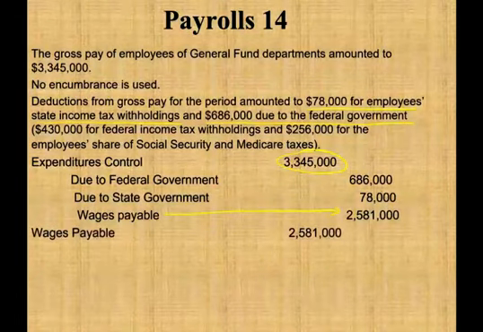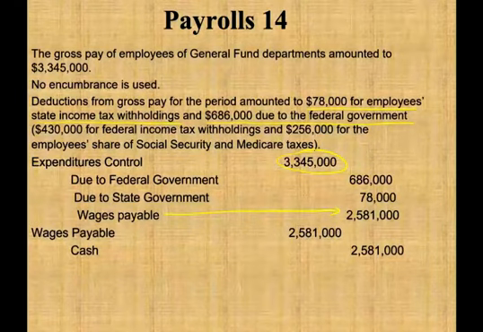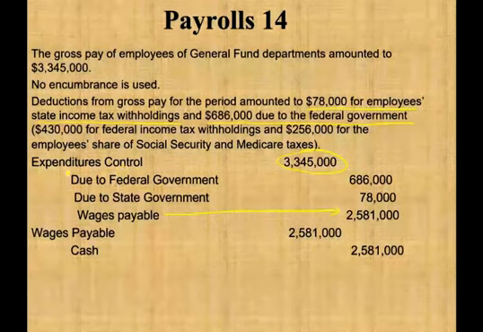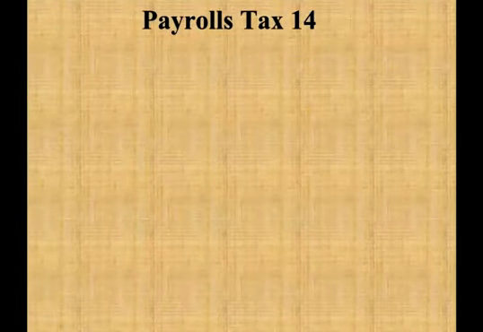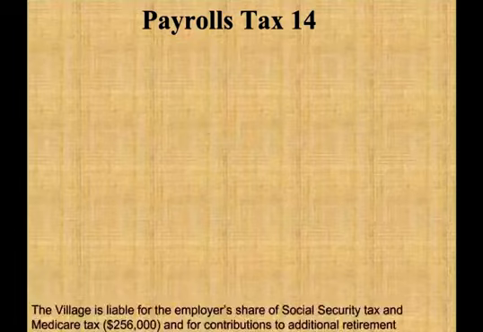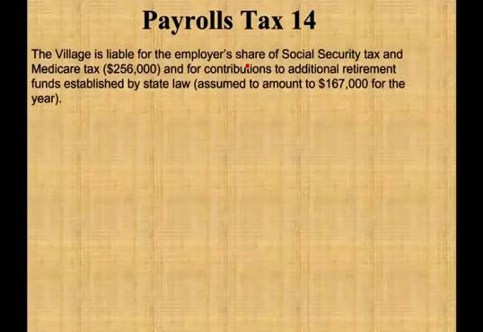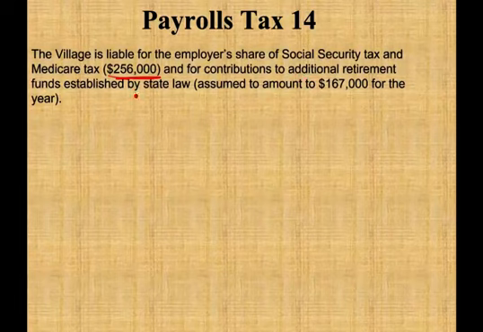When we cut the checks to the employees, we debit payable and we credit cash. Basically, hopefully we all know how to do this entry. This is like actual accounting, GAAP, except that we don't record an expense. It's called an expenditure. The debit is to an expenditure. Also, remember, the government will also have payroll taxes to pay. The village is liable for the employer share of Social Security of $256. They have to match the Social Security, and for the contribution to additional retirement funds established by the state, assume the amount is $167.